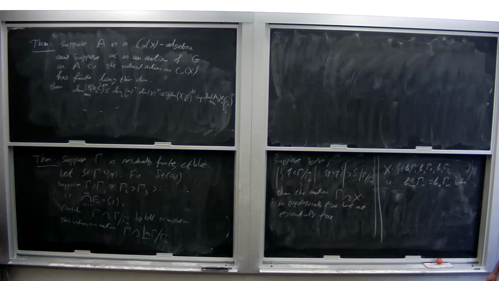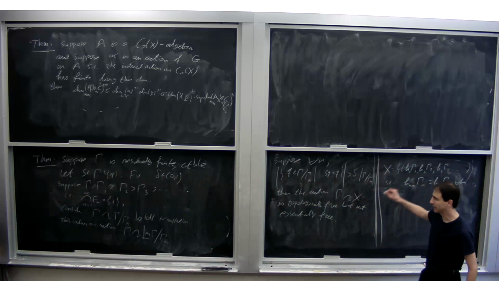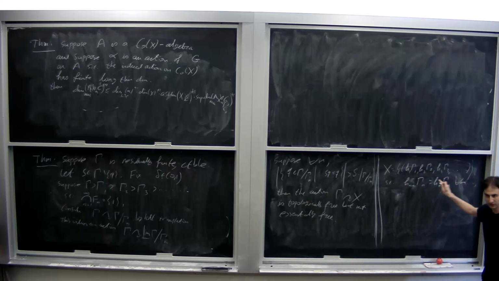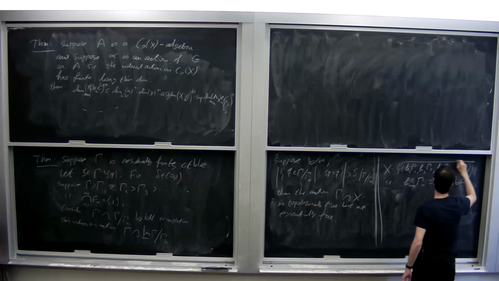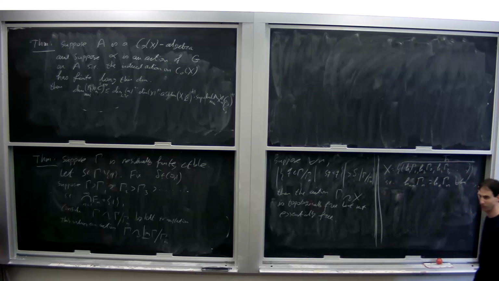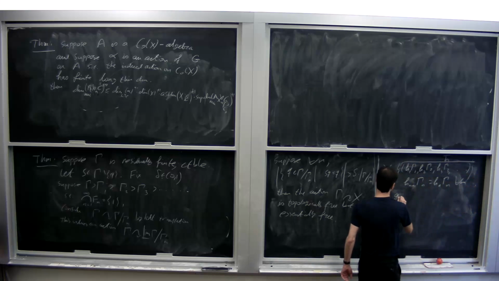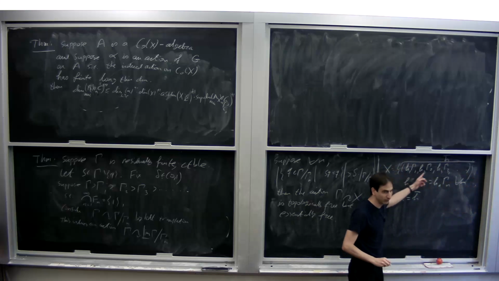Let's see what it means for an element to stabilize this. For G to stabilize a point like this, let's call it H bar, this sequence, G H bar is the same thing as H bar if that's true for any one of those coordinates.